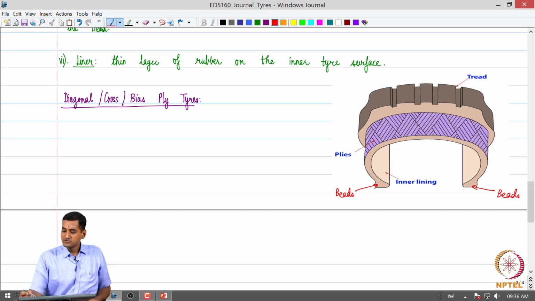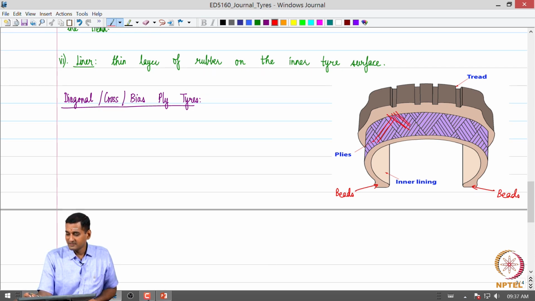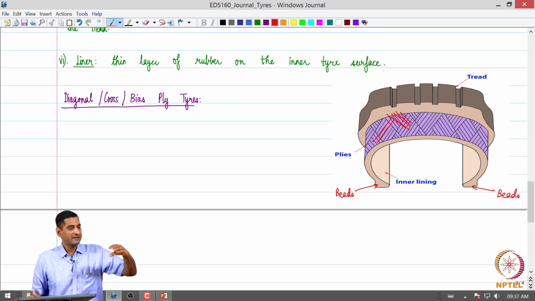So in a diagonal or cross or bias ply tire, we can see that all these plies are running in a crisscross fashion, layers of plies. One layer of ply has cords at this angle, and another layer of plies wound near it has the cords oriented in another direction.